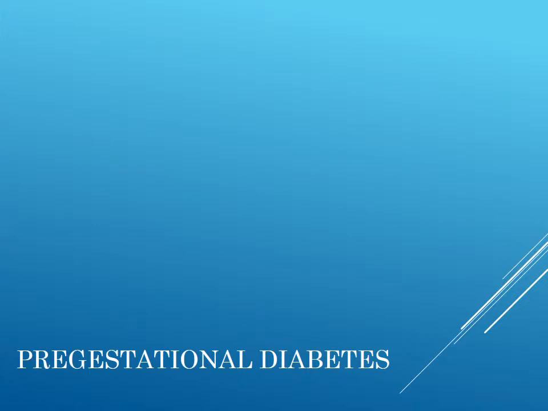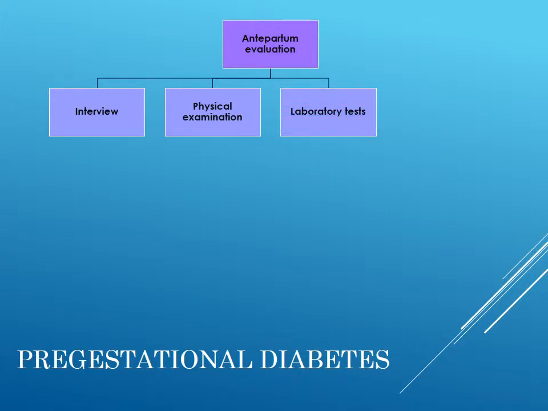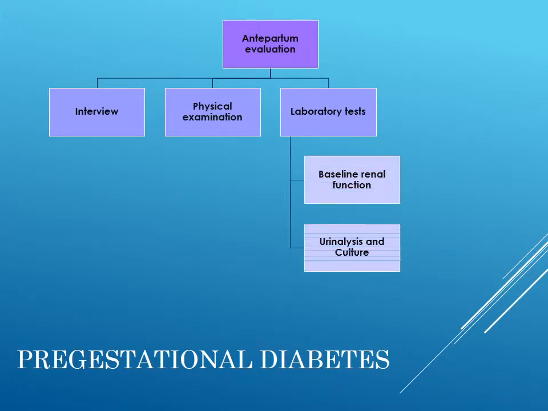Antepartum care of the diabetic mother includes a complete evaluation of health status. During a thorough interview and physical examination, the nurse should assess for the effects and complications of diabetes. Routine lab tests should be performed, with a 24-hour urine collection to assess baseline renal function, urinalysis and urine culture to assess for UTI, and a glycosylated hemoglobin A1C to assess long-term glucose control.